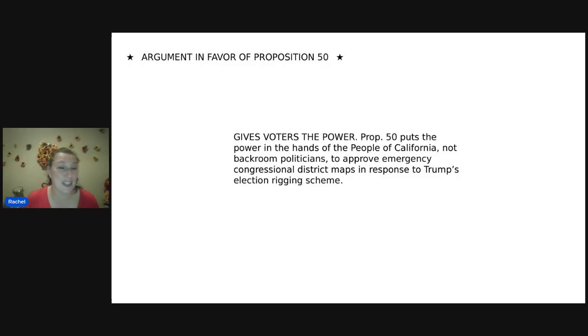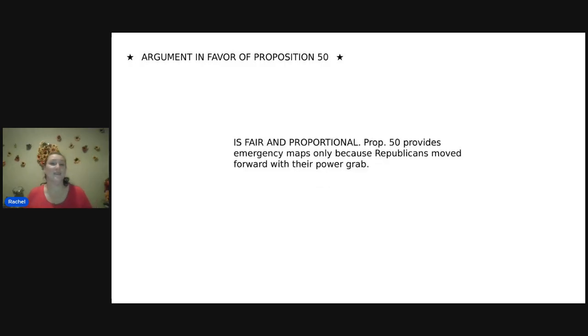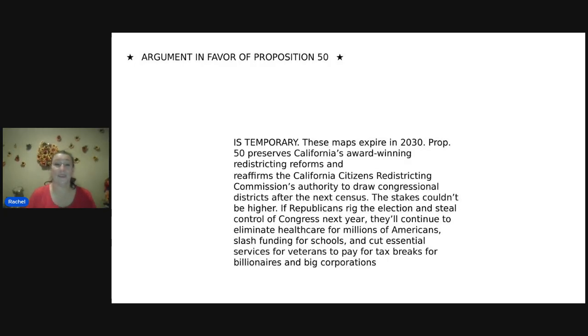We should have done a Trump counter. My goodness. Trump is under their skin. Is fair and proportional. Prop 50 provides emergency maps only because Republicans moved forward with their power grab. Is temporary. And that's one I'll believe it when I see it.